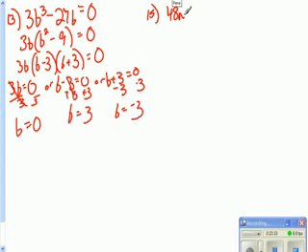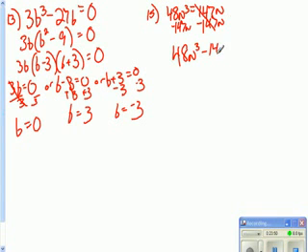We have 48n to the third equals 147n. Well, again, I want to move this to the other side, so minus 147n on both sides to keep it equal. 48n to the third minus 147n equals 0.